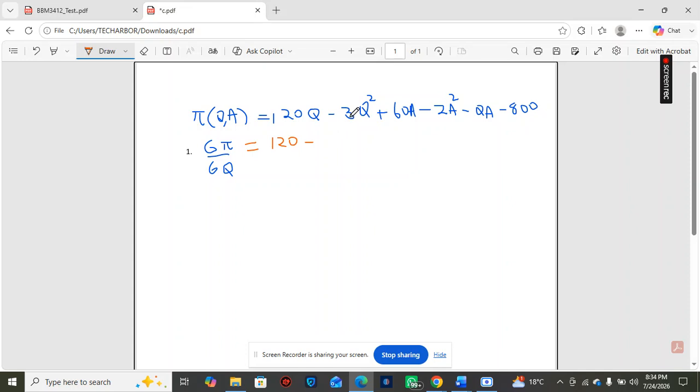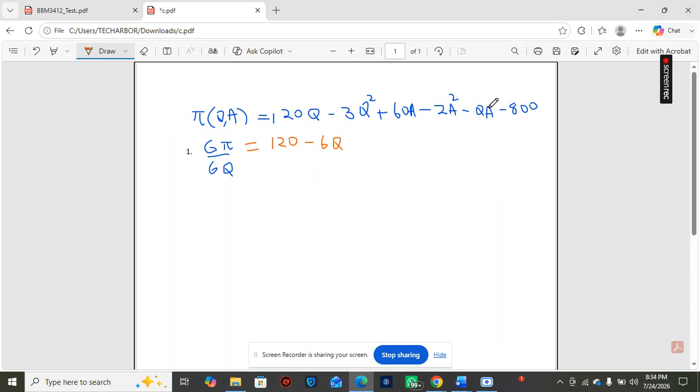Minus this 3Q squared, when we derive it, becomes 6Q. This 60A hasn't got a Q, so we ignore it. This negative 2A squared doesn't have a Q, we ignore it.